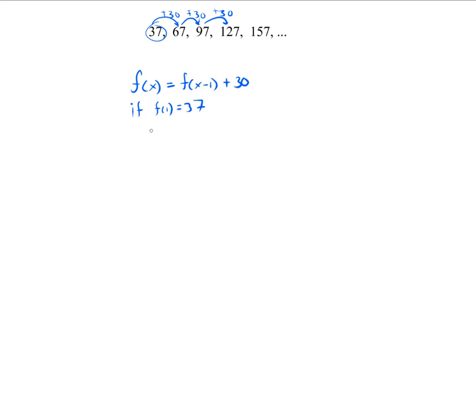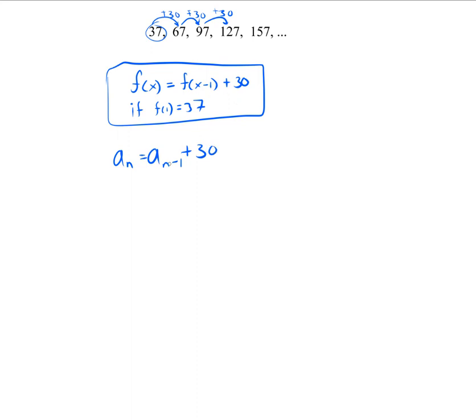All right, so my next one, if I want to do it with the other notation now, this isn't, I don't want that to look like a division bar, so this is one answer here. If I wanted to do it with the other notation, I would say a sub n is equal to a sub n minus 1 plus 30. And once again, you'll see that same plus 30.